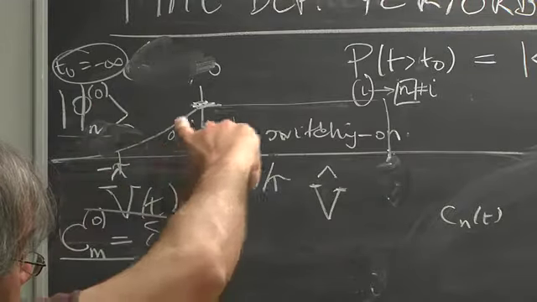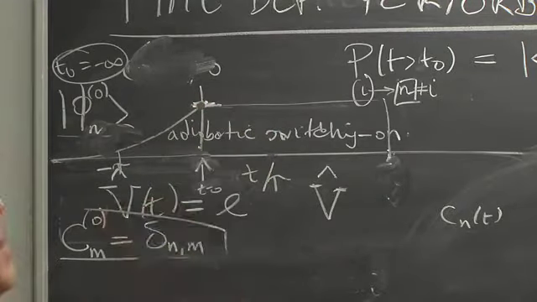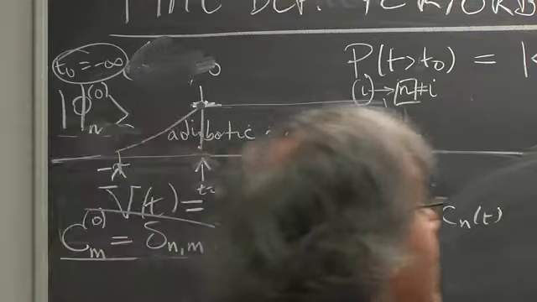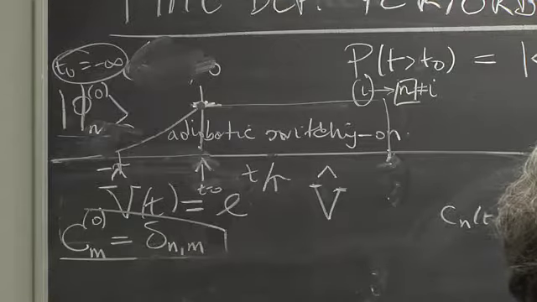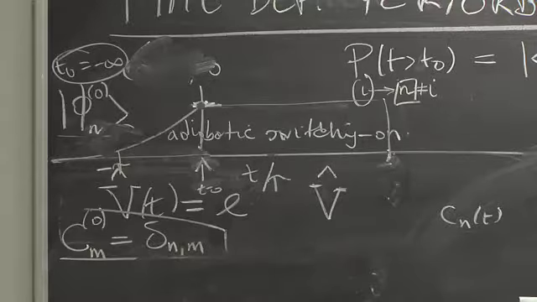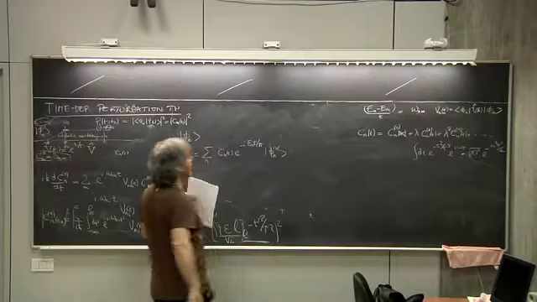Then I switch on the perturbation and I ask you at time t equals 0, what do I get? So obviously, I do have the usual thing. At time t equals 0, I would have the sum over all n of Cn of t e to the minus i E n t over h bar phi n, where this phi n now are the basis of phi 0.